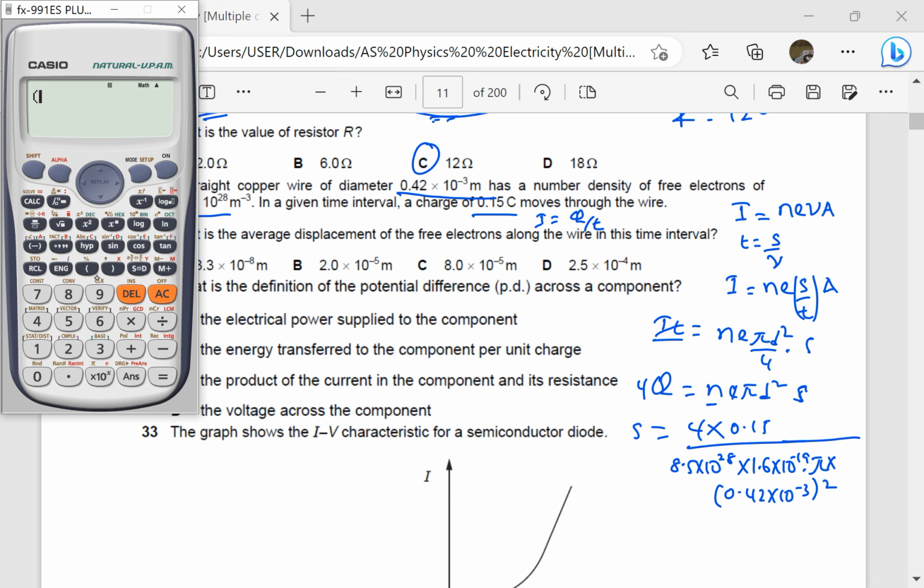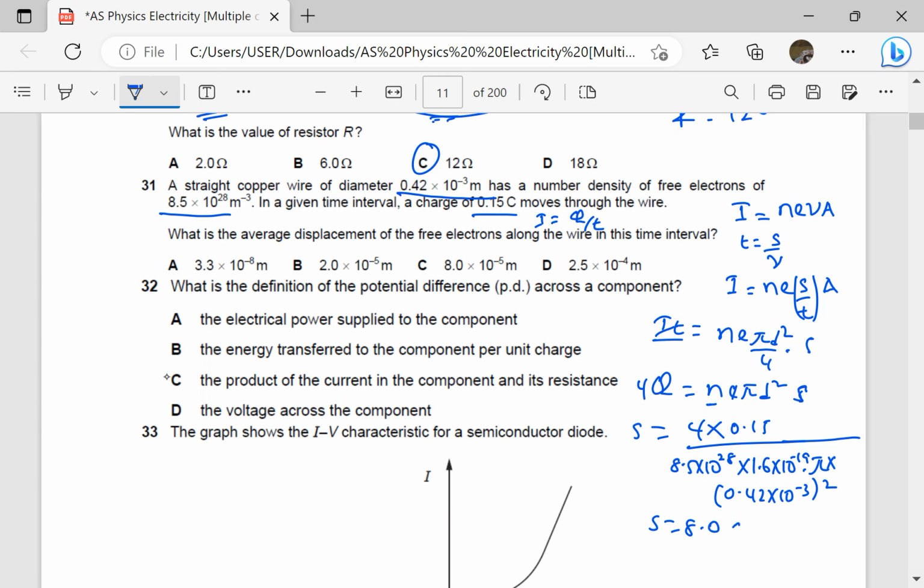So I'll say the numerator, which is 4 times 0.15, divided by the answer. So I am getting 7.9 times 10 power negative 5, which is approximately 8.0. So S is 8.0 times 10 power negative 5 in meters. This makes our answer to be C.